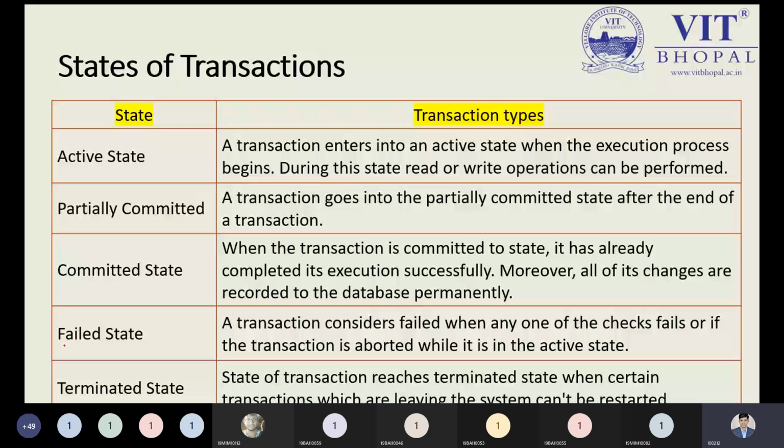And next we have the failed transaction. Of course, a failed transaction can happen due to technical issues or due to a logical error. There are a few things that are not in our hands. Suddenly you want to withdraw 500 rupees or 5,000 rupees or 10,000 rupees from an ATM. Suddenly power goes down and the ATM shuts down. Then your amount is stuck in the machine, and you get a message that your amount is debited by 10,000 rupees.